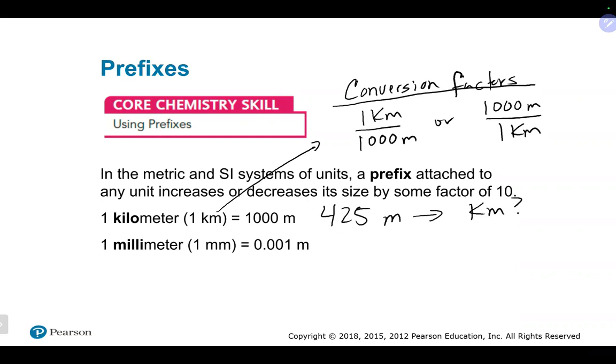We could do a conversion problem here using our conversion factor from our equality. The way we want to do it in chemistry is to show the units canceling and set it up in a way where you can see everything cancel.